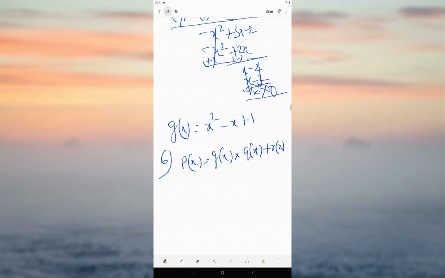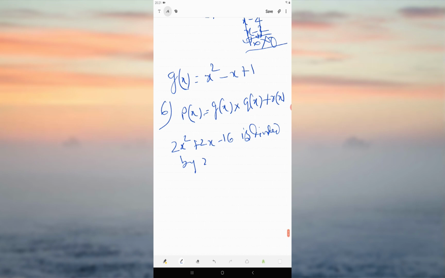So let's take an example of 2x square plus 2x minus 16 divided by 2. We took an easier one so that it will be easy for you.